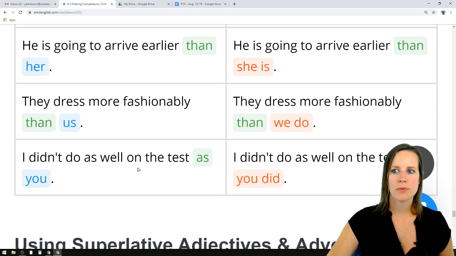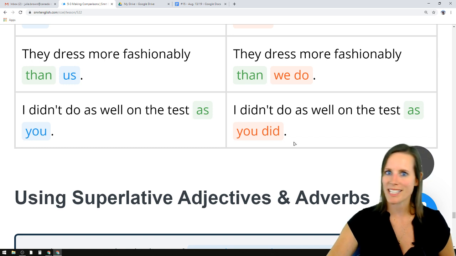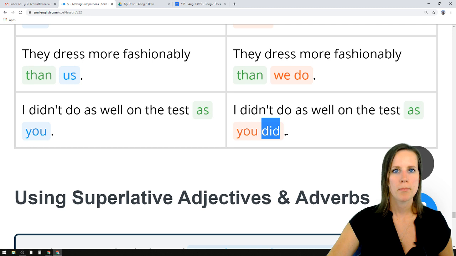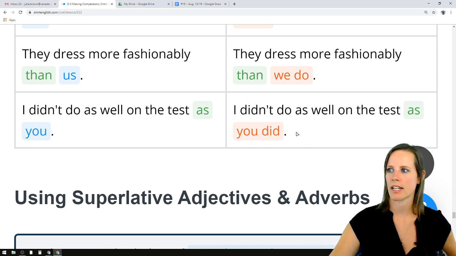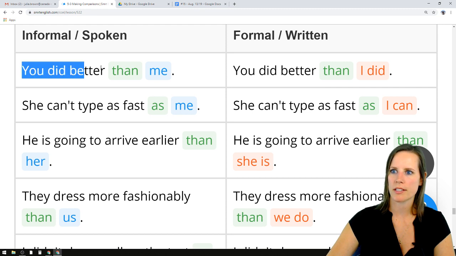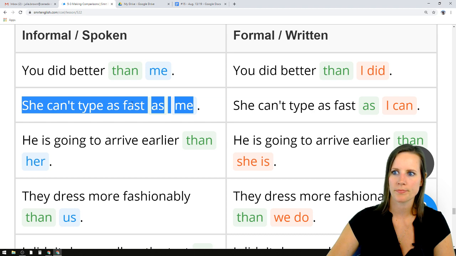I didn't do as well on the test as you. Or, more formal, I didn't do as well on the test as you did. Okay? Didn't is negative, so you should repeat it positive. Okay? So, let's just put this example here, this one.